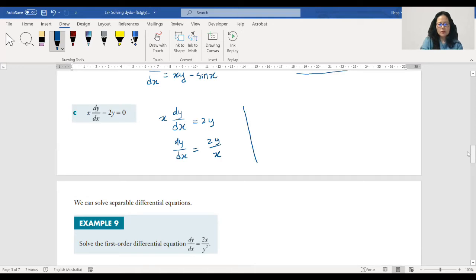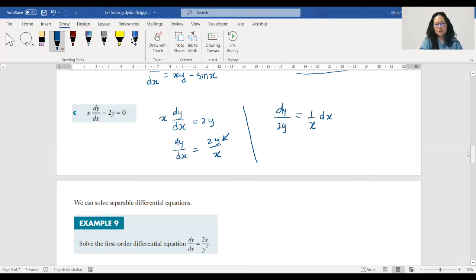Okay, so I'm going to move 2y to the other side, so it's going to be dy over 2y, because 2y, I move to the other side, it'll be the fraction, and then 1 over x left on the right hand side, and then I multiply by dx.